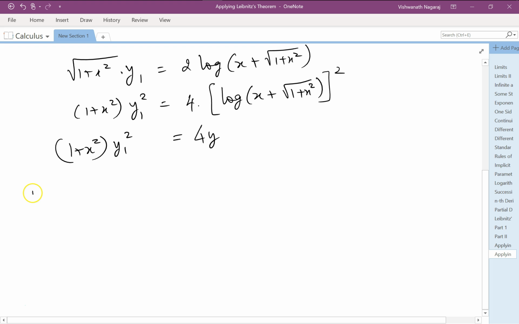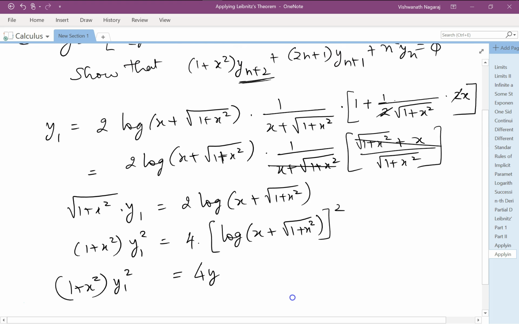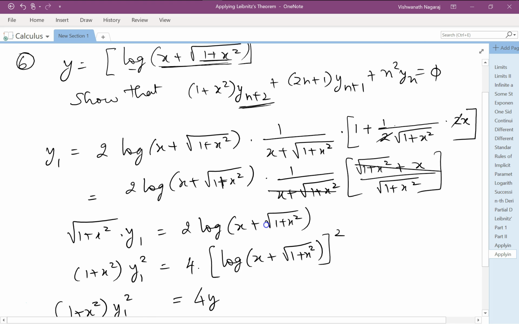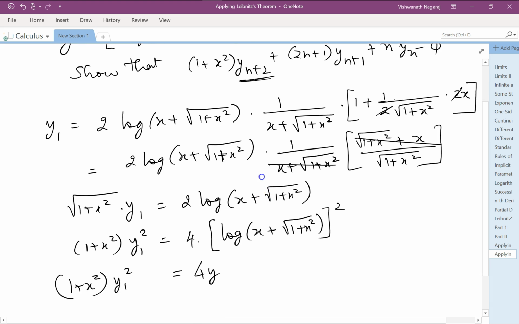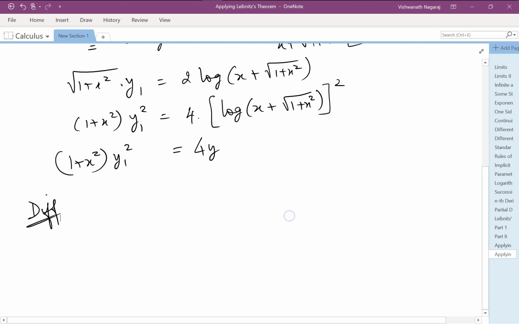So now let's differentiate it once more. Remember, we have to differentiate it twice. So it looks very similar to the previous problem, but remember the starting point was different. There we started off with sine inverse, and here we started off with log.